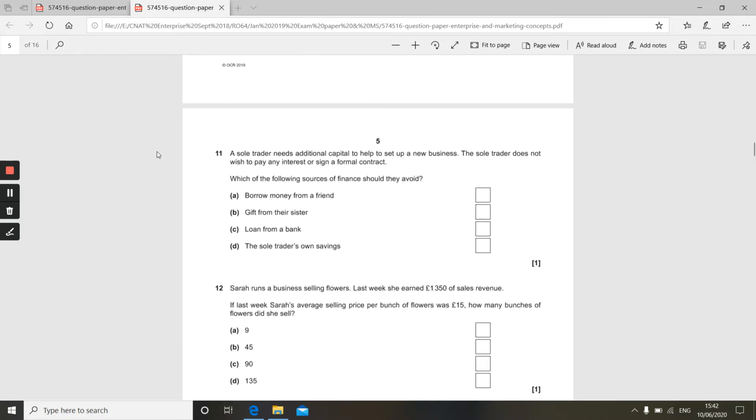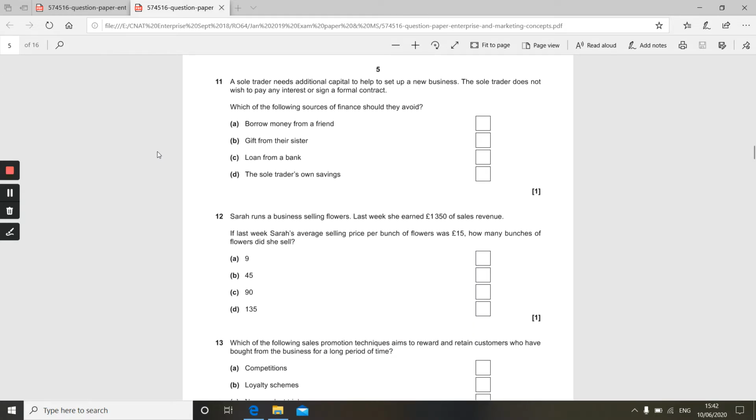Okay. Question number 11. Here it says a sole trader needs additional capital to help set up a new business. The sole trader does not wish to pay any interest or sign a formal contract. So think about the sources of finance that they should avoid. If you want some kind of financial agreement that is quite informal and flexible, which one would they avoid?